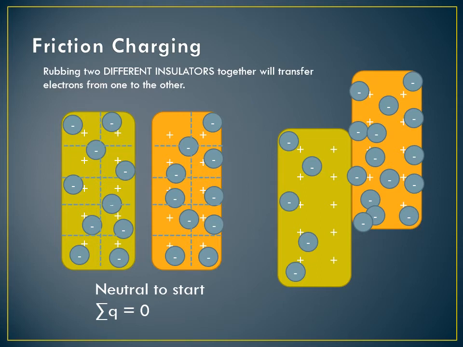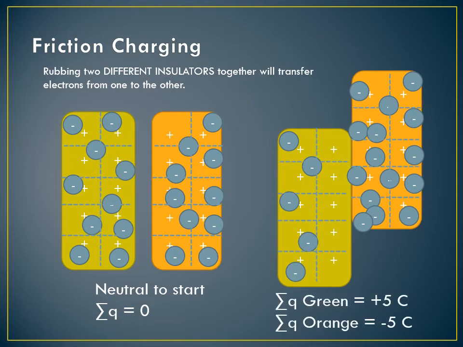Those two objects were neutral to start, but as you rub them together, the green object, it turns out, just didn't like electrons as well as the orange object. The orange one was like a particularly sticky Velcro. And so as you rub the two surfaces together, the orange one is going to steal those electrons from the green one.